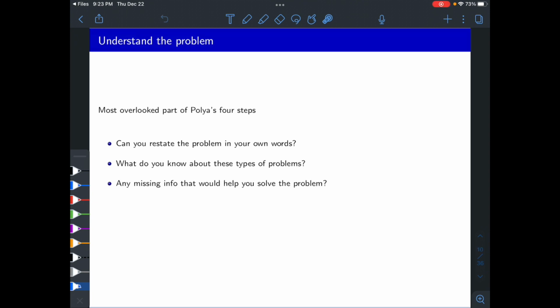Is there any missing information that would help you solve the problem? Sometimes it might seem like you don't have enough information to solve the problem if the problem is just handed to you, but it might be like, oh, if only I just knew this one key little fact.